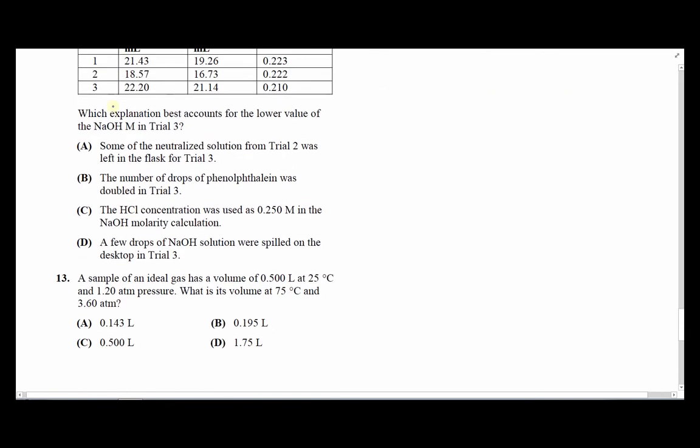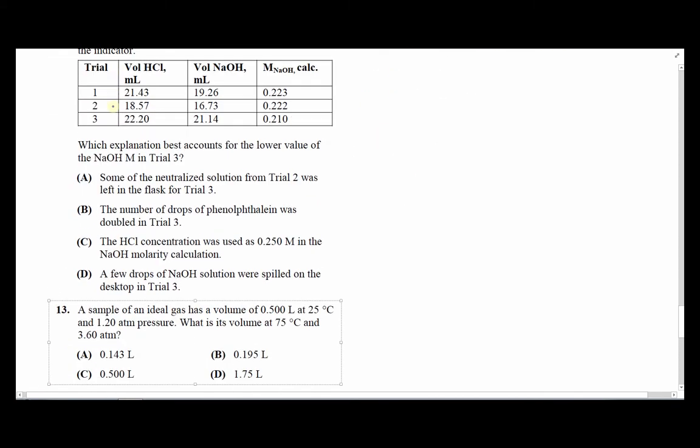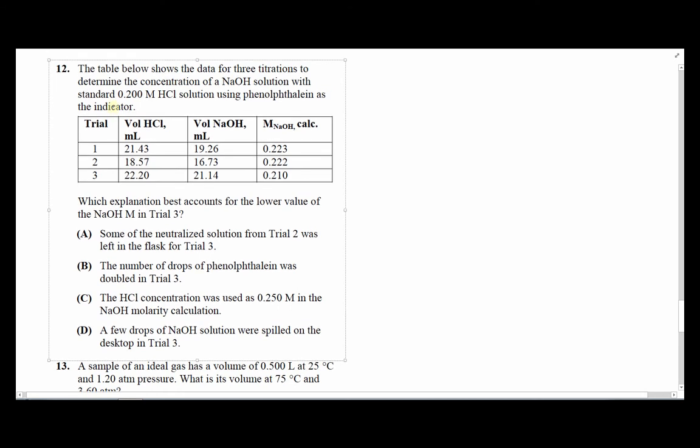Alright, number 12 is very tricky because it's a lab question. So let me explain that to you. The table below shows the data for 3 titrations to determine the concentration of sodium hydroxide solution with standard 0.200 molar hydrochloric acid solution using phenolphthalein as the indicator.